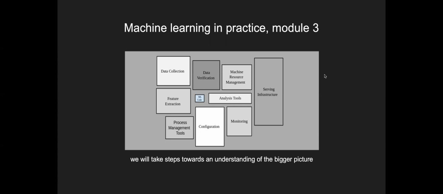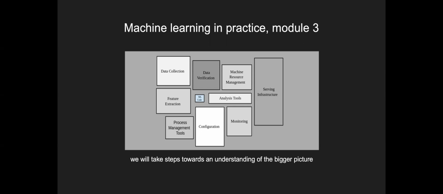Okay, so the next part will be module 3, where we are going to look into machine learning in practice. So we will take some steps towards understanding the big picture.